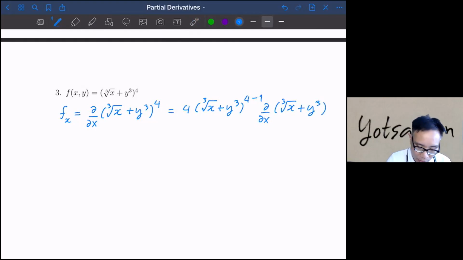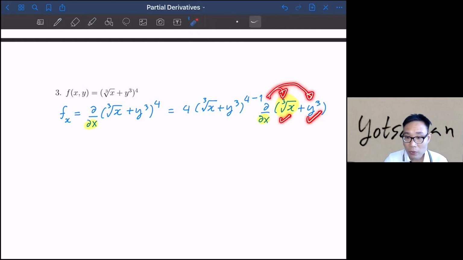And you see that this one you are differentiating with respect to x. So you differentiate this term and this term. So you differentiate the cubic root of x.